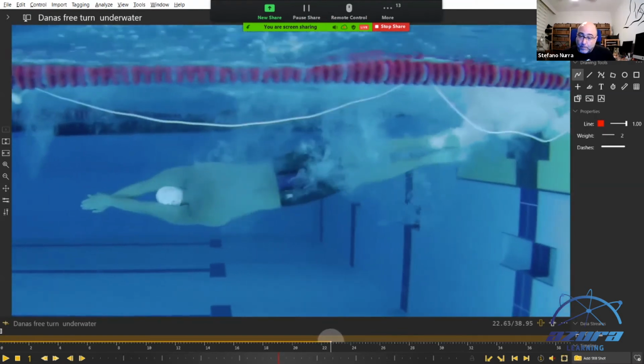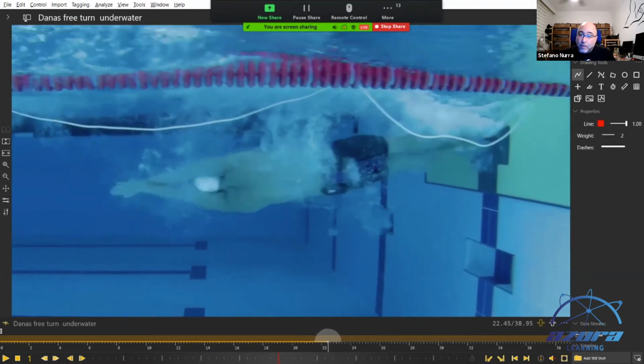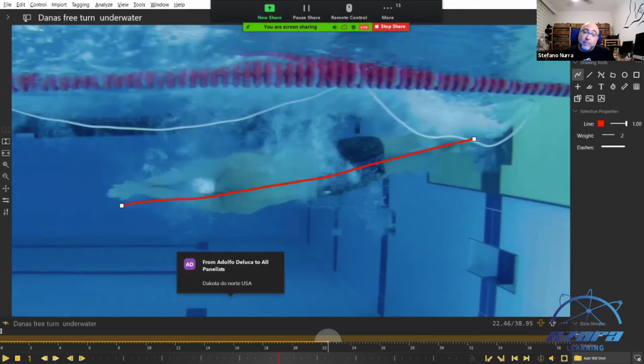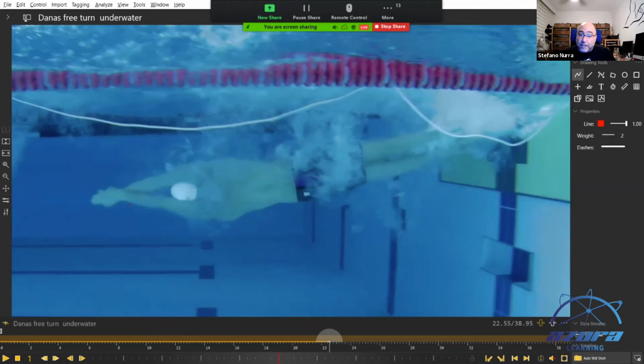After this point, we are leaving the wall. Of course, the streamline is very important. The trajectory is very important because we have to point in the right trajectory. What is the right trajectory? It's connected with the length of the underwater phase.